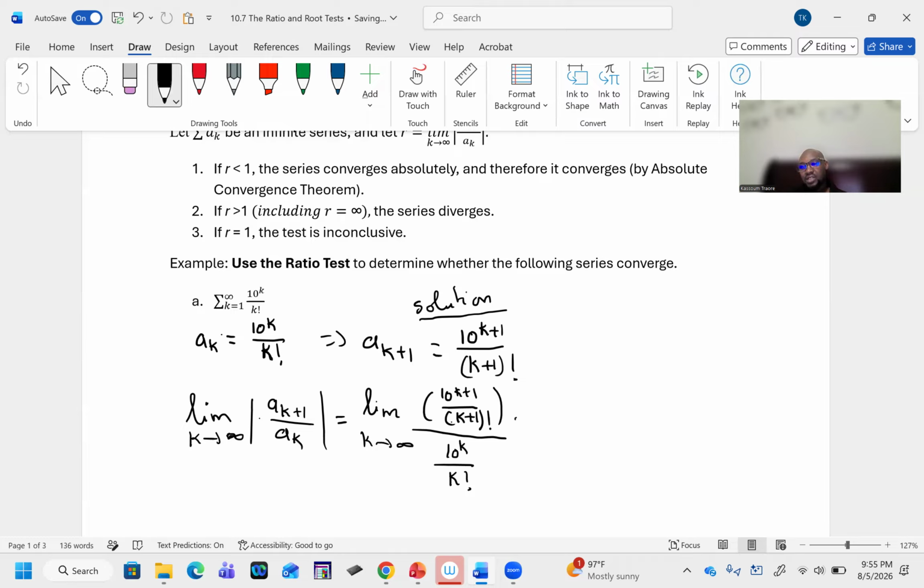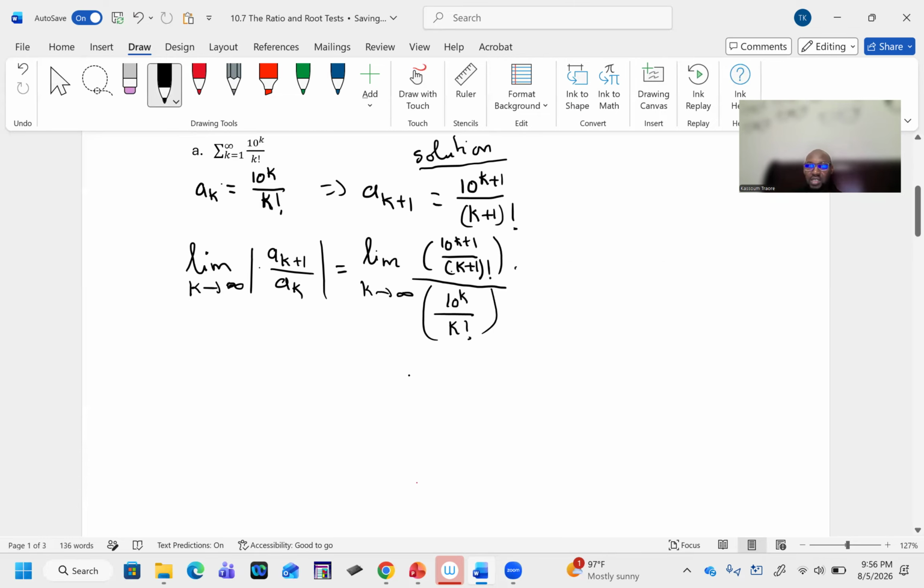If you have a fraction divided by a fraction, you take the numerator and multiply by the reciprocal of the denominator. So this gives us the limit of 10 to the power of k plus 1 divided by k plus 1 factorial, times k factorial divided by 10 to the power of k, as k approaches infinity.